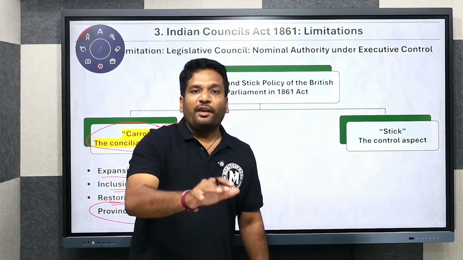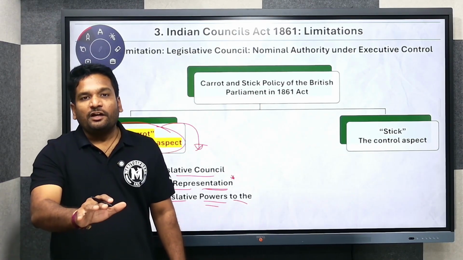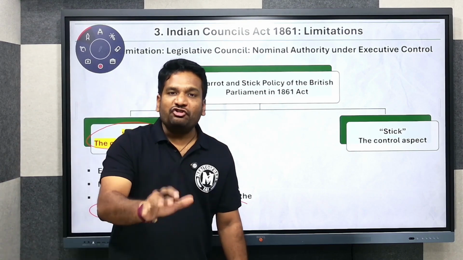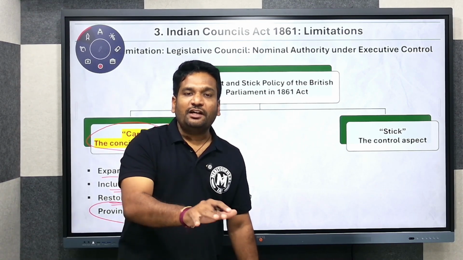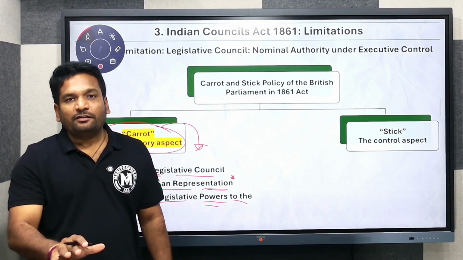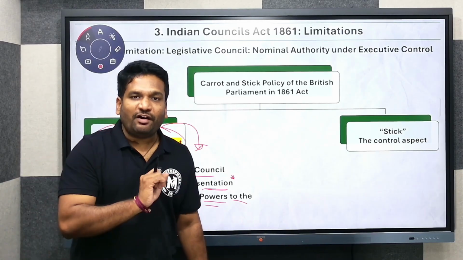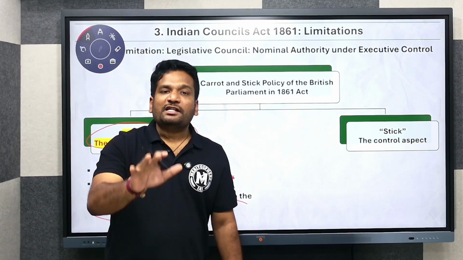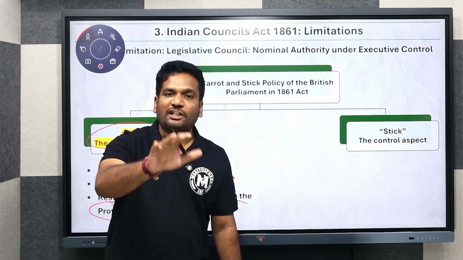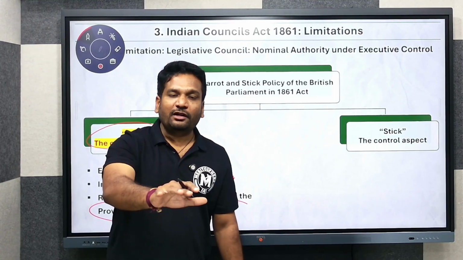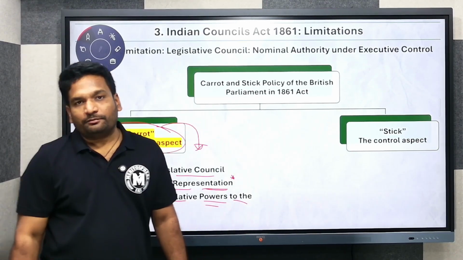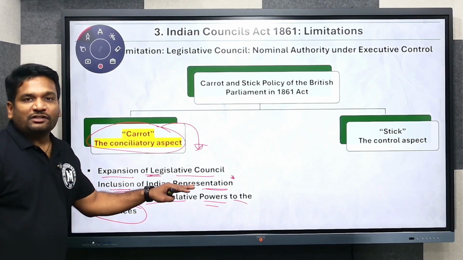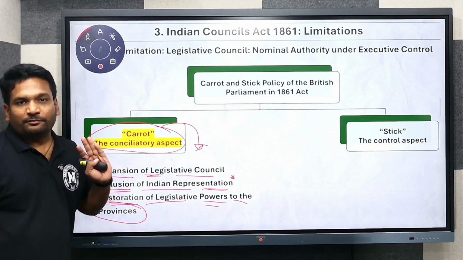The provinces could now legislate on matters where regional diversity is required. On matters of uniformity, the Governor General and his Executive Council are still responsible for bringing out laws that apply across British India. So these are the three conciliatory measures implemented under the 1861 Act.